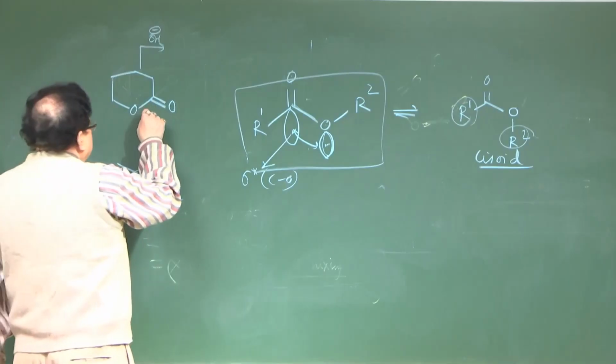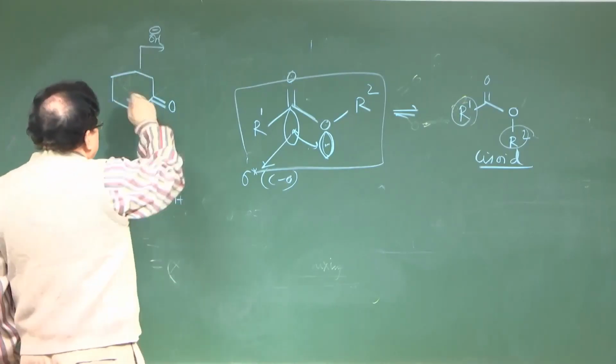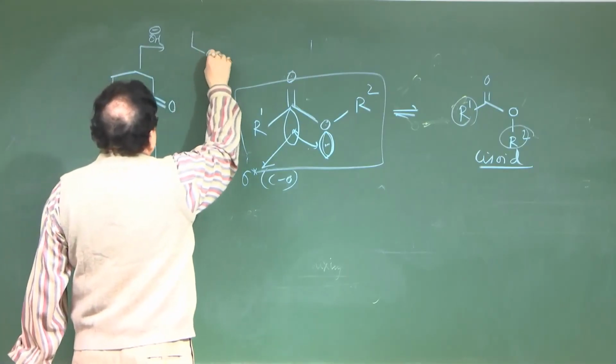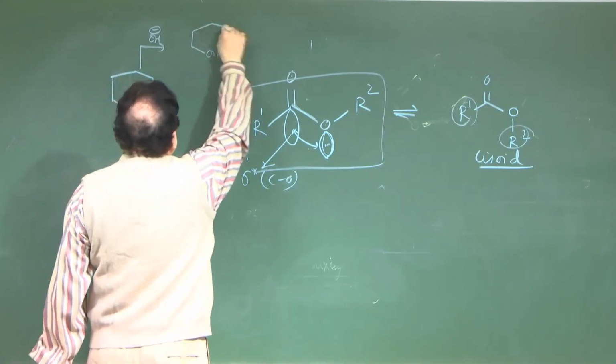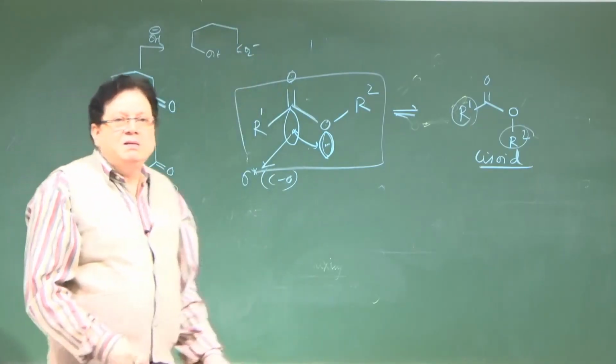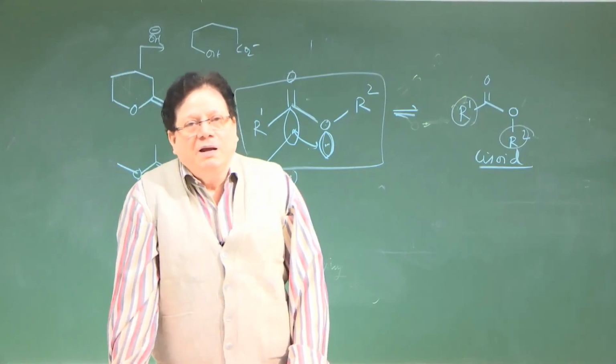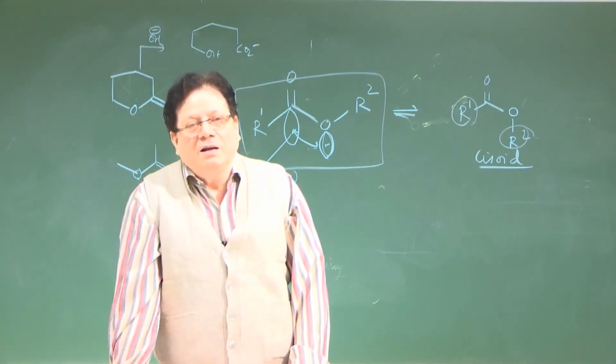On the other hand, with a lactone, the moment you add alkali, it opens up and gives CO2 minus. That means lactones are more reactive towards nucleophilic ring opening than acyclic esters.